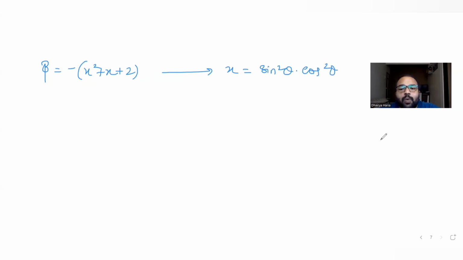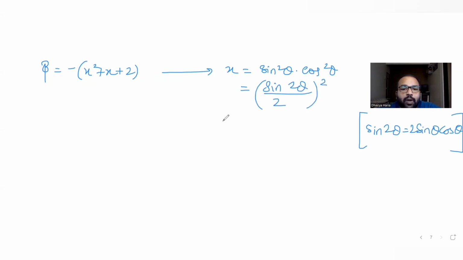Now we already discussed one idea for double angle, that sine 2 theta is 2 sine theta cos theta. So if I want to write sine theta into cos theta, I can write it as sine 2 theta by 2, the whole square. So x becomes sine square 2 theta by 4.